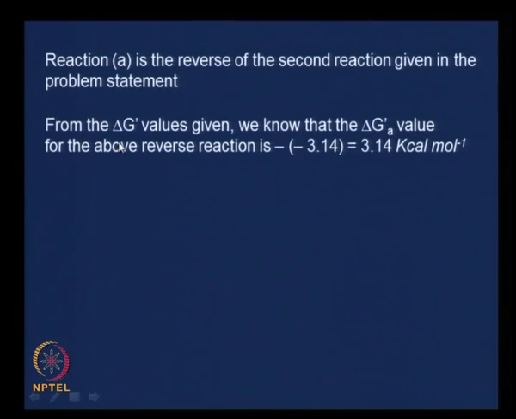So, from the delta G dash values that were given, we know that delta G dash A value for the above reaction is minus of minus 3.14, which is plus 3.14 kilocalories per mole. It is the reverse, therefore we put in a minus there, and delta G B dash value was minus 7.7 kilocalories per mole.